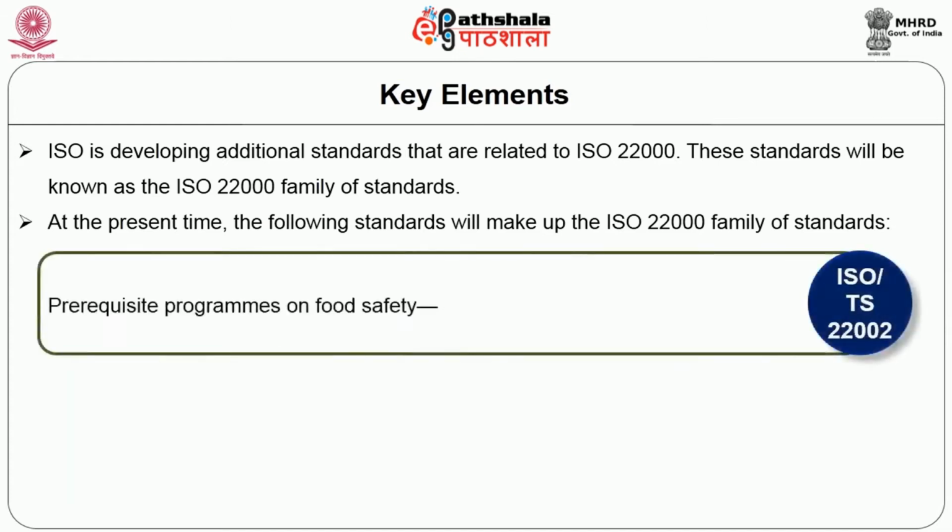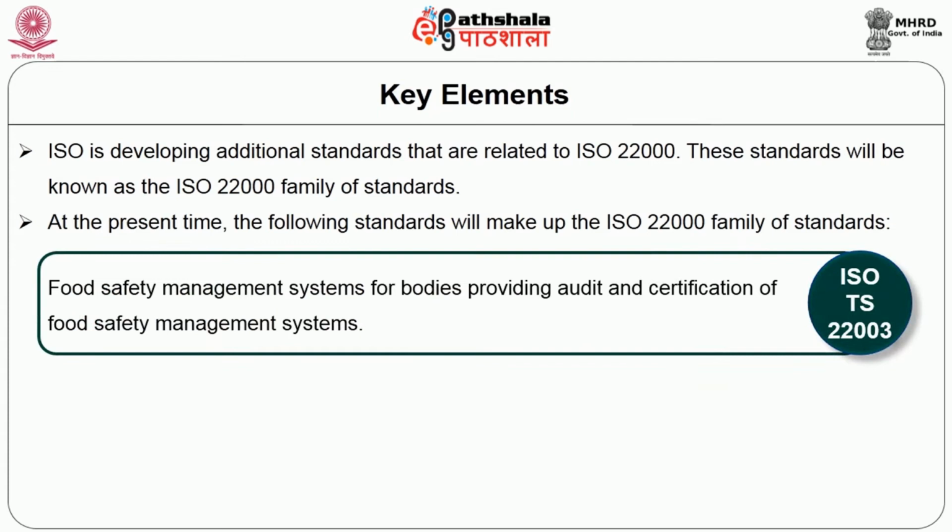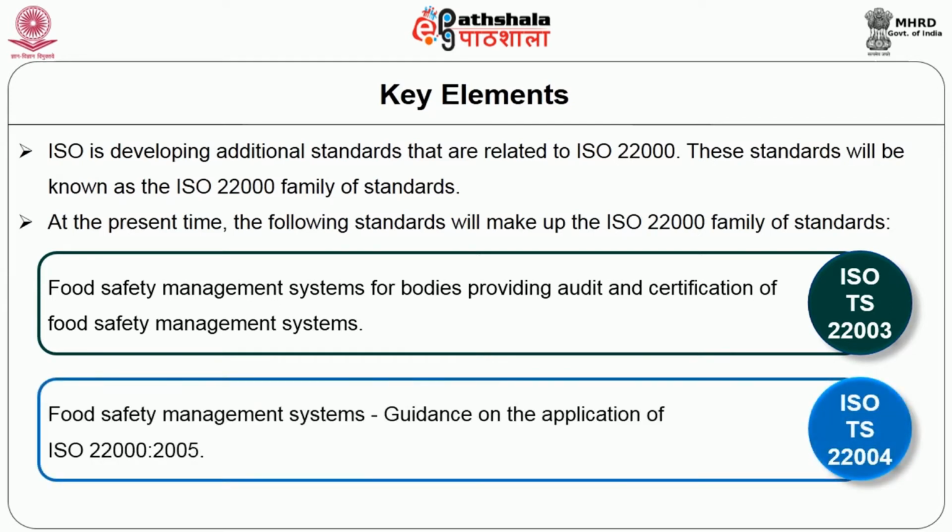ISO TS 22002, that is the prerequisite programs on food safety. ISO TS 22003, which is the food safety management system for bodies providing audit and certification of food safety management systems. ISO TS 22004, Food Safety Management System, is the guidance on the application of ISO 22000:2005.